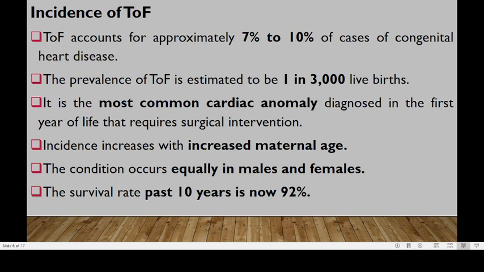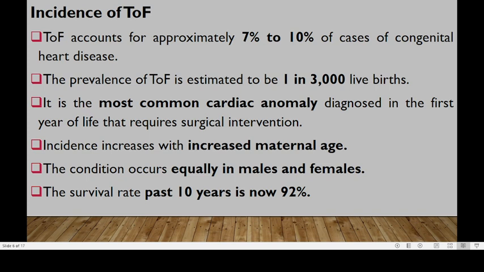In terms of incidence, tetralogy of Fallot accounts for approximately 7 to 10% of cases of congenital heart disease, and the prevalence of tetralogy of Fallot is estimated to be around 1 in 3,000 live births. It is the most common cardiac anomaly that is normally diagnosed in the first year of life that will require surgical intervention.